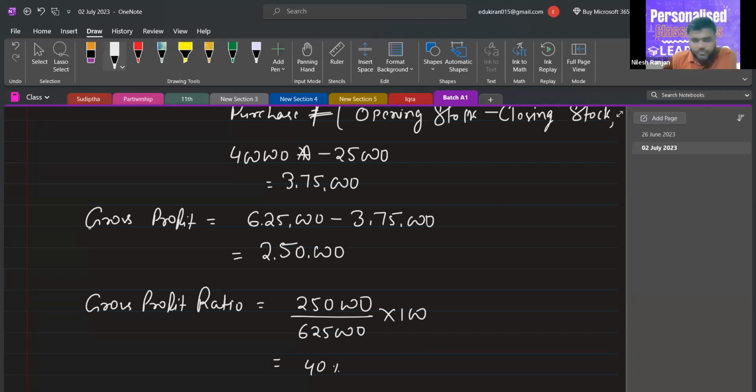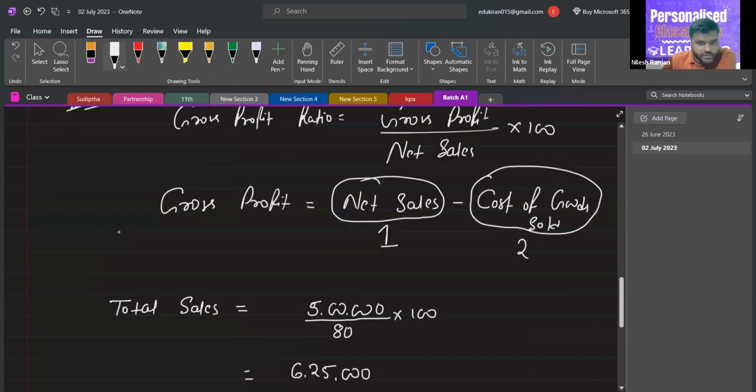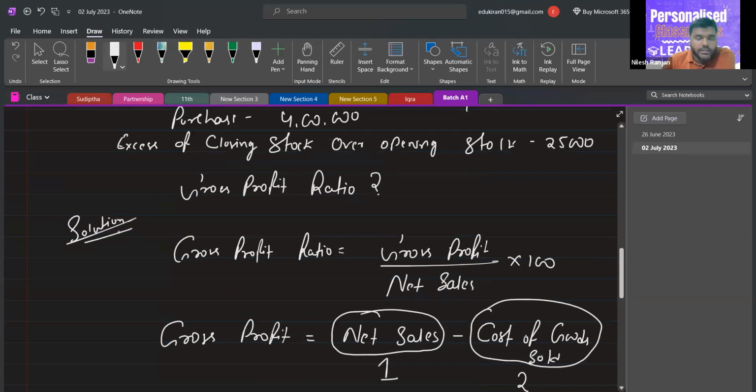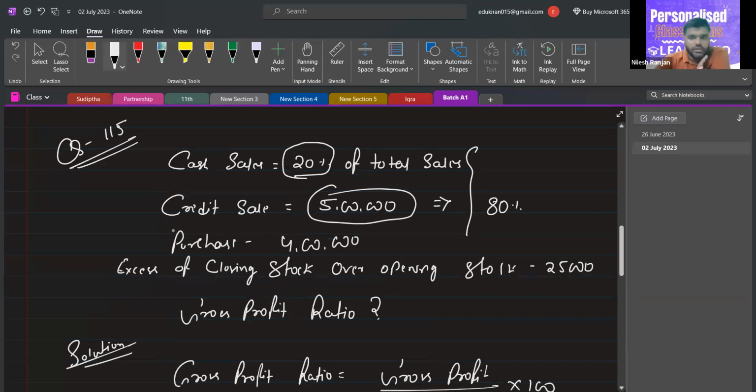Now I repeat the solution once again. In this question, total sales, cost of goods sold, or gross profit, nothing is given. We have to calculate all of these. So as per the formula, we first have to calculate net sales, cost of goods sold, and gross profit. For calculation of net sales, we used credit sale information, because cash sale is 20%.